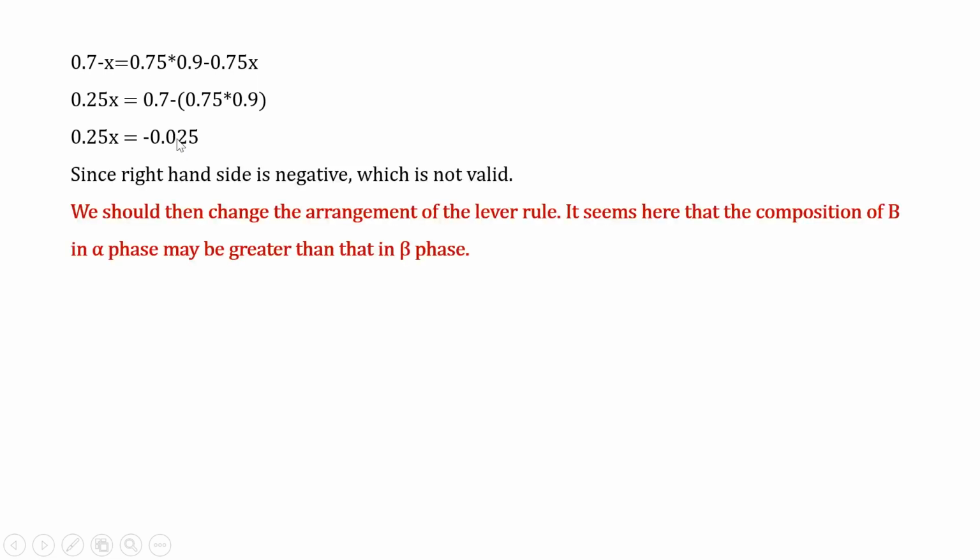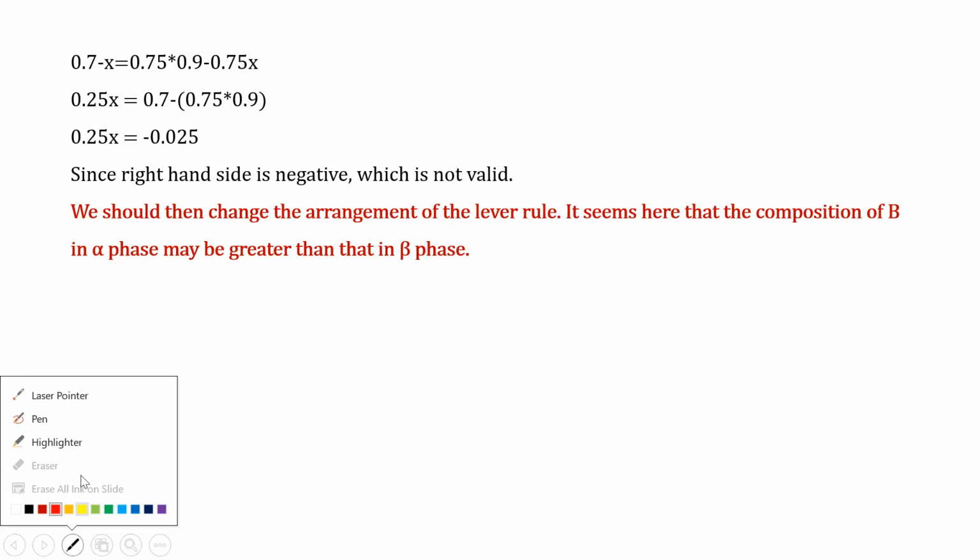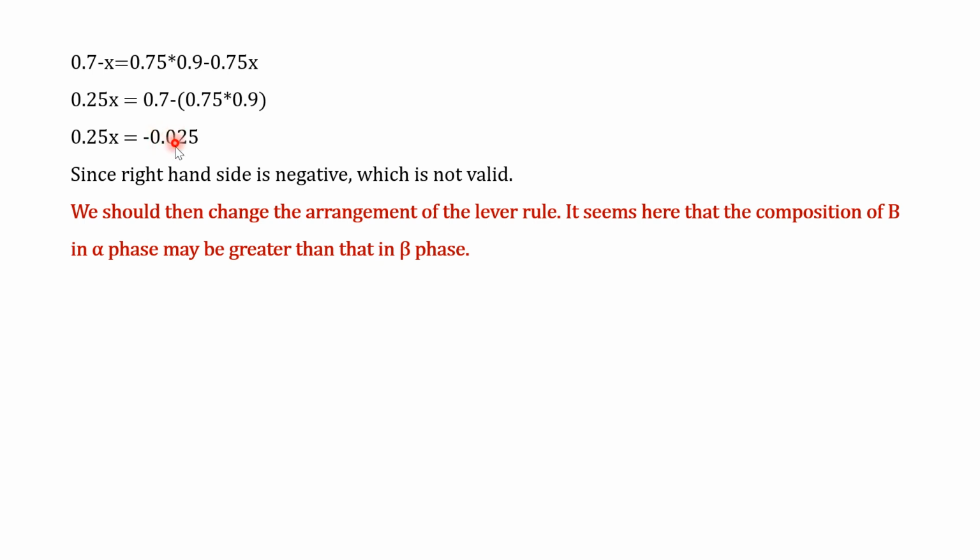So x minus 0.75x will give 0.25x. And when you solve, how much would you get? 0.675. So there you will be getting 1. Okay, so this is 1, right? Okay, maybe I've gone wrong. Fine.